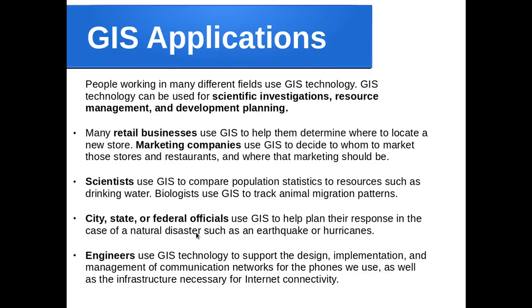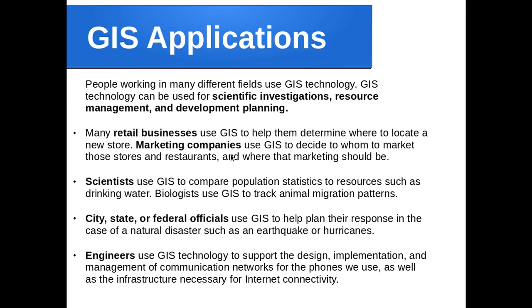And what are the applications of a GIS? For instance, the GIS can be used in retail businesses. For instance, they can use that information in order to determine where to locate a new store, or other kinds of businesses such as restaurants can use it to decide where to perform marketing.